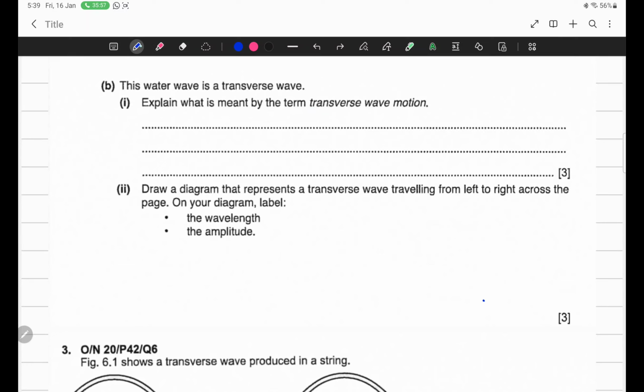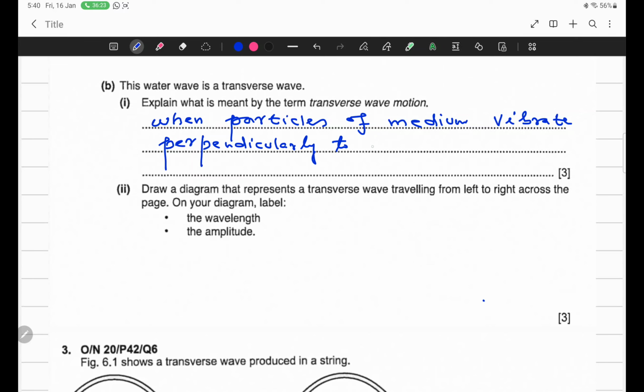You should answer: when particles of the medium vibrate perpendicularly to the wave motion, to the wave propagation, then this is called a transverse wave, and it is composed of crests and troughs. Do not copy, I will share you the PDF.